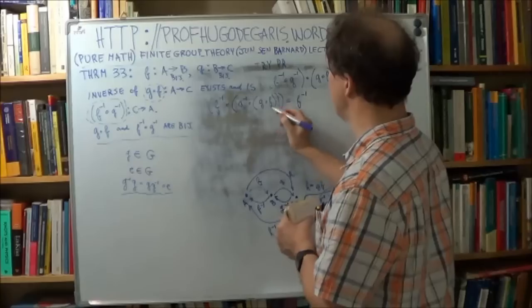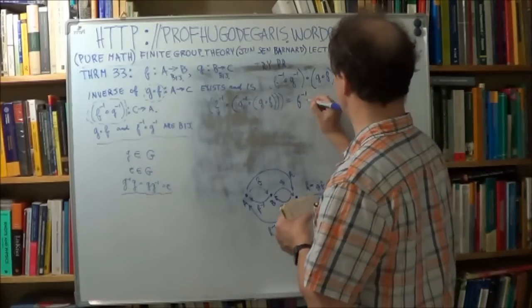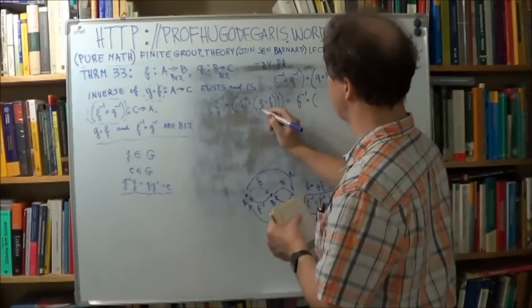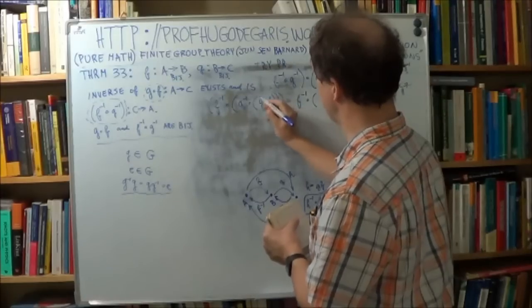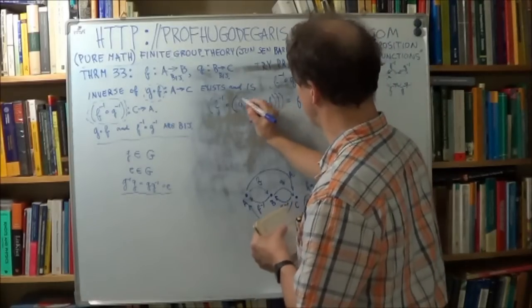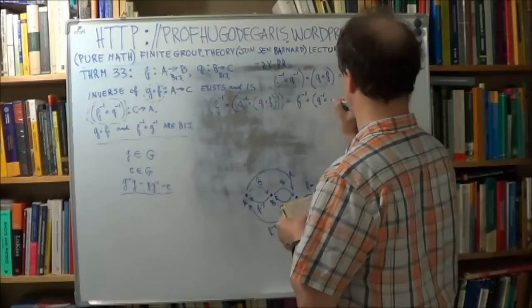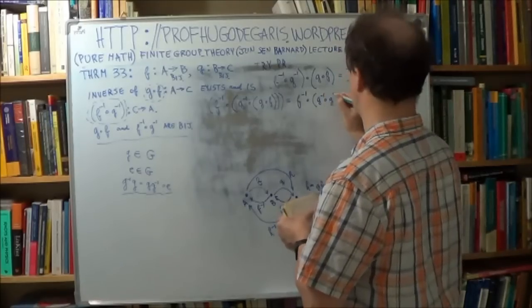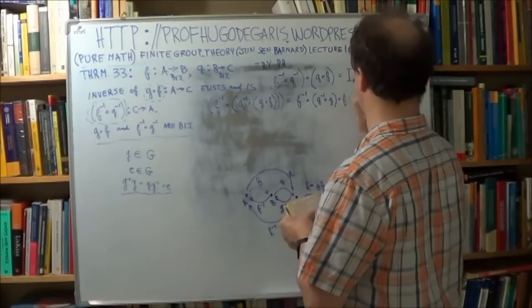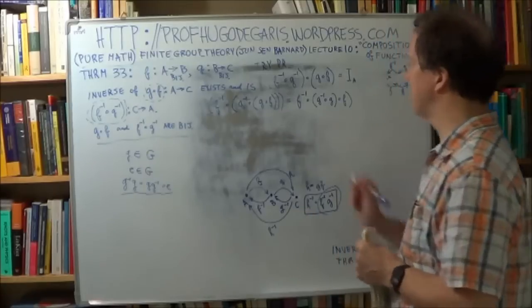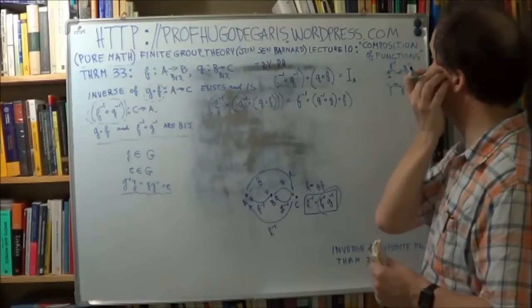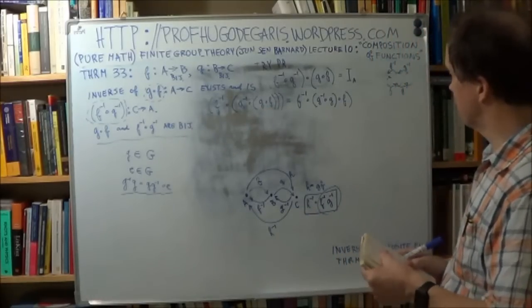We proved that before, so we can rewrite this in the following way. Instead of putting the brackets around these two, we can put them around the two G's. That's just from associativity of three functions.